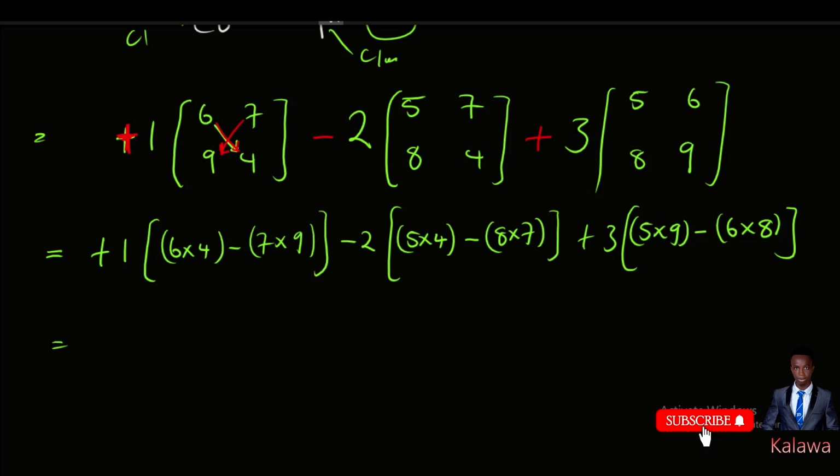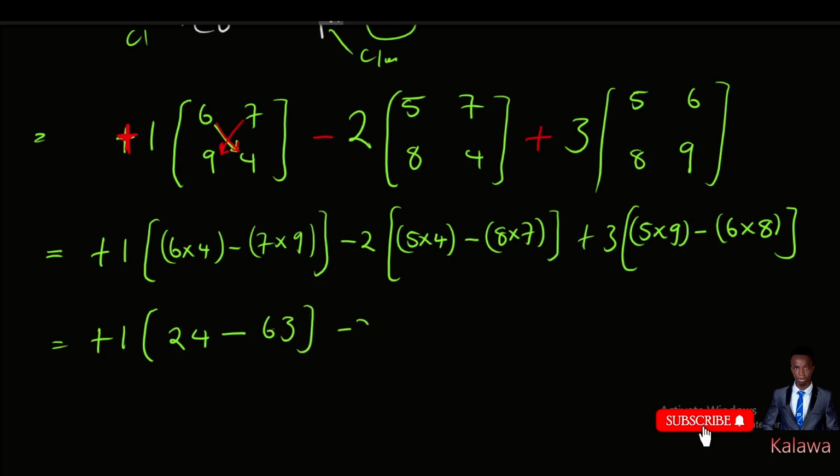So we move again. If we say 6 times 4, this is going to give us 24. So it's going to be plus 1 into 6 times 4, which is 24, minus 7 times 9, which gives us 63.